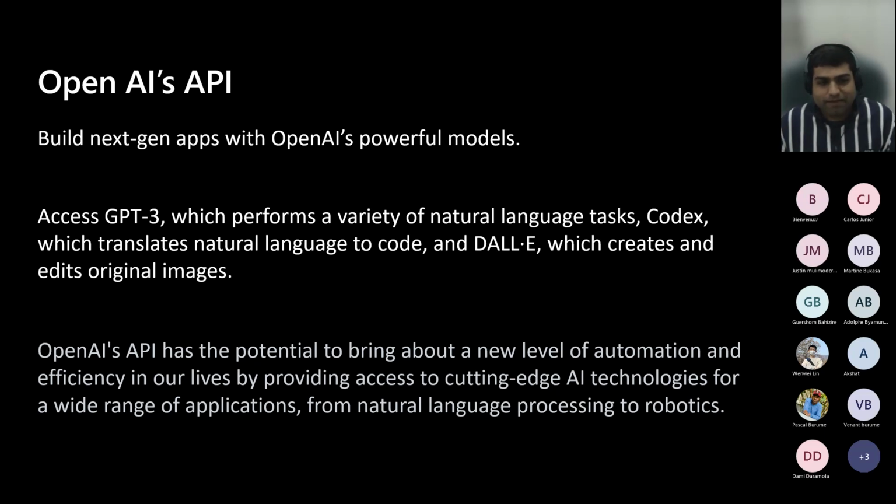So you can build next-gen applications with OpenAI's powerful models. The models are GPT-3, which performs a variety of natural language tasks, Codex, which translates natural language to code, and DALL-E, which creates and edits original images. So you can also generate images by feeding in your text prompts.